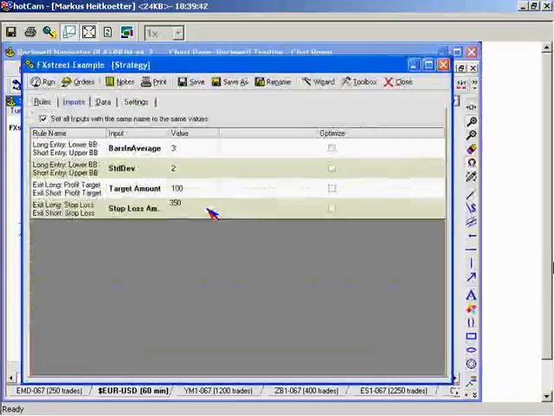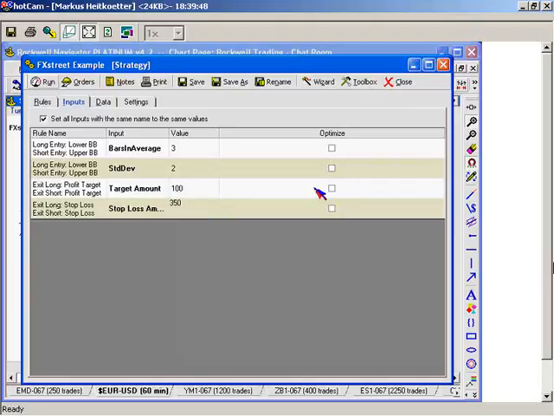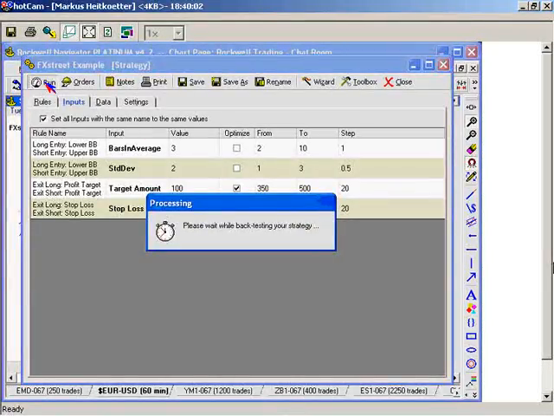It's 350. Now, as you remember, we also achieved pretty good results with a target amount here of 350 to 500. So let's see, if applying a stop loss, we should maybe also increase our target amount to 300 to 500. So let's see what this does to our overall results.